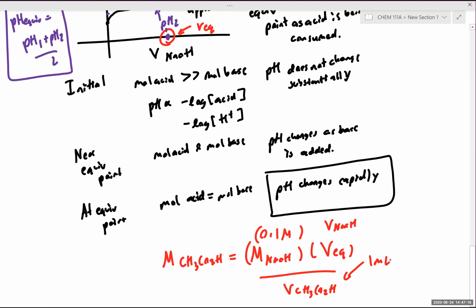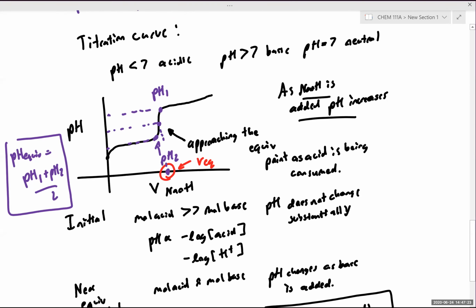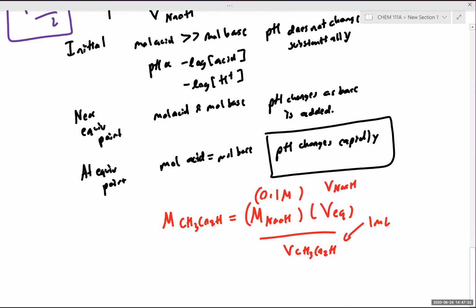So what we're going to do next is generate this plot and identify our inflection points. And after we identify our inflection points, we will solve for the concentration of acetic acid. Does that make sense to everyone, what we're doing right now? Any questions so far?